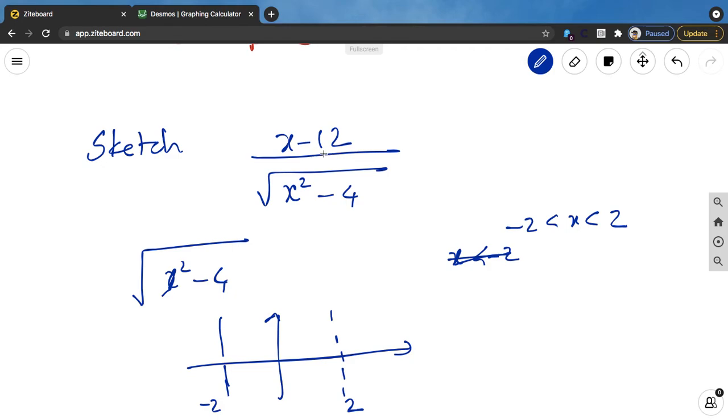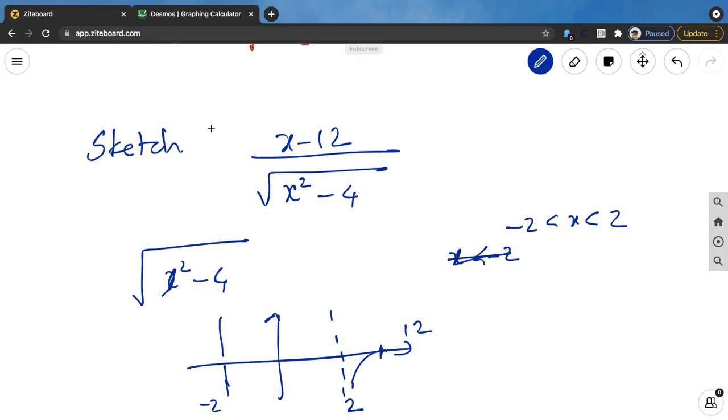After x equal to 12 it will start becoming positive. At 12 it will be 0 and then after 12 it will become more and more positive. What about the negative side? As x becomes more and more negative, the denominator is symmetric, but it will continue staying negative. Let's look at this graph.